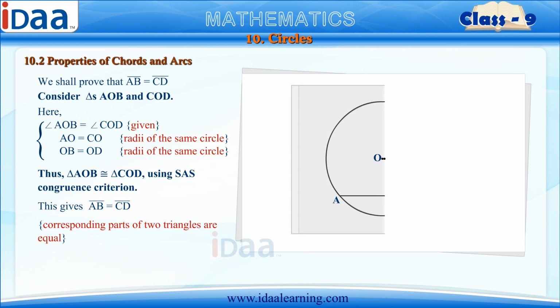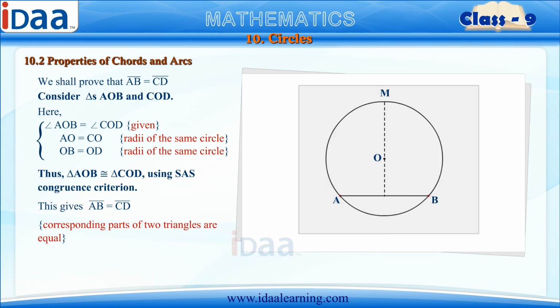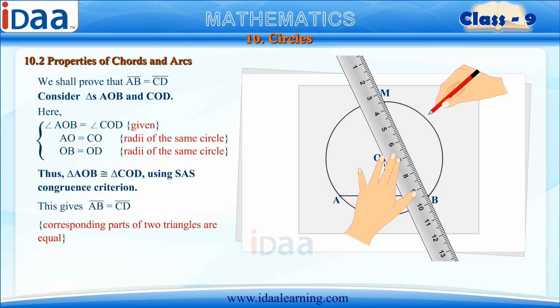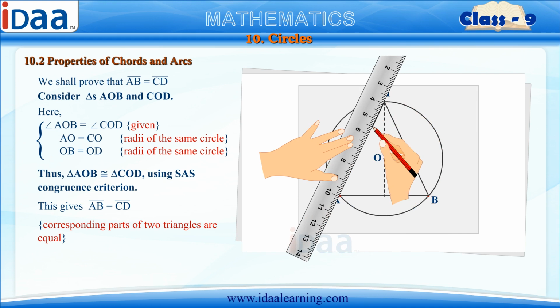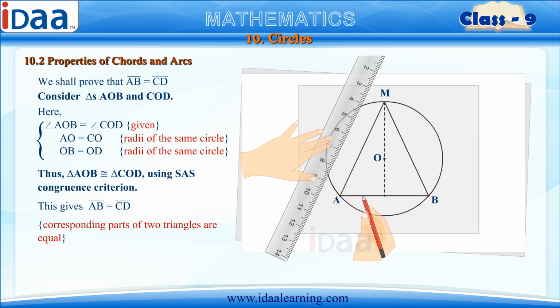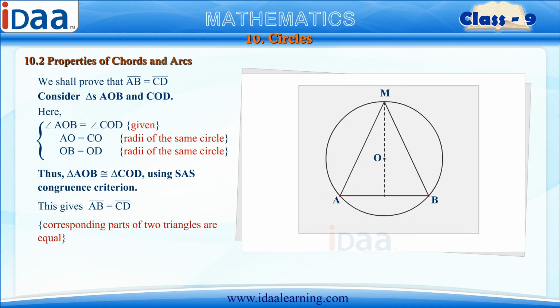Let the crease cut chord AB at M. Measure the two angles OMA and OMB and also two portions AM and BM.